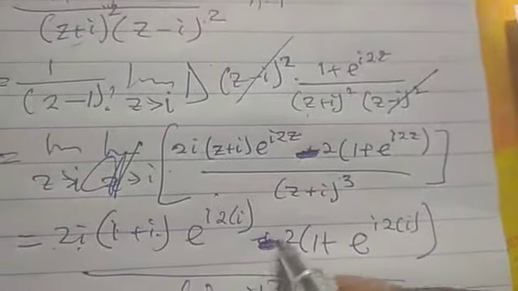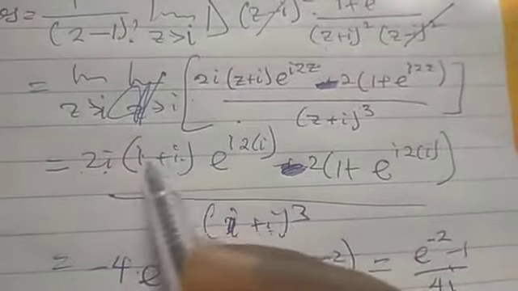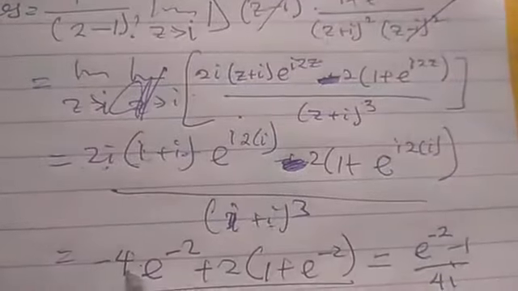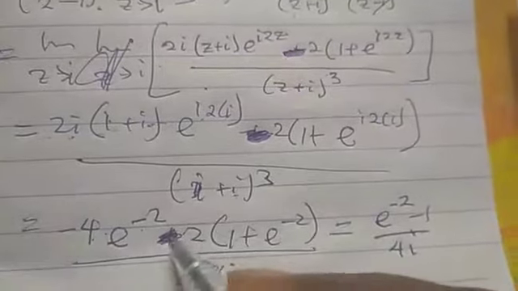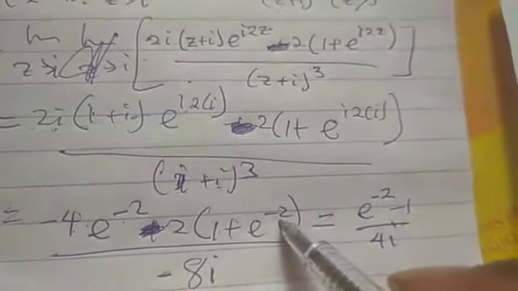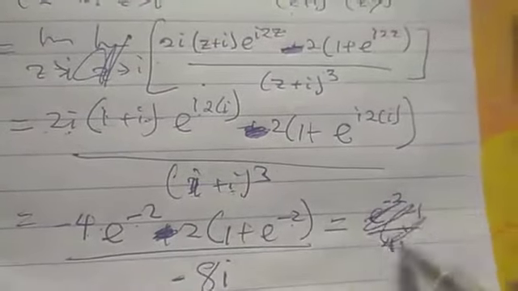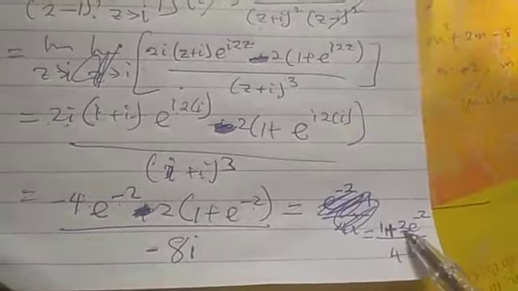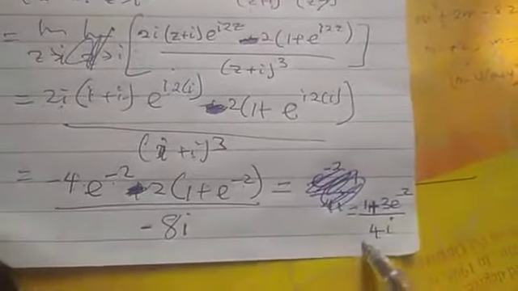If you put i here, 2i plus i is 2i. 2i times 2i is minus 4. i squared is minus 1. That's why we have this. This is minus 2 into 1 plus exponential minus 2 over this. When we simplify, it will give me 1 plus 3 exponential minus 2 over 4i.